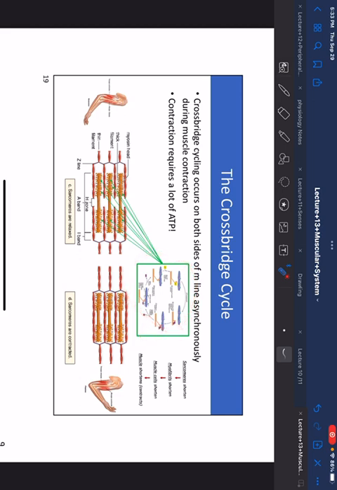But because cross-bridge cycling occurs at all these different places along multiple sarcomeres, muscle contraction will require a lot of ATP or energy. And that's why when you exercise, you need to increase oxygen delivery to your muscles, as well as deliver more nutrients to your muscles in order to make more ATP to power your active muscles during exercise.